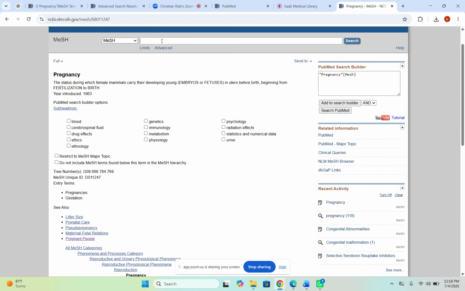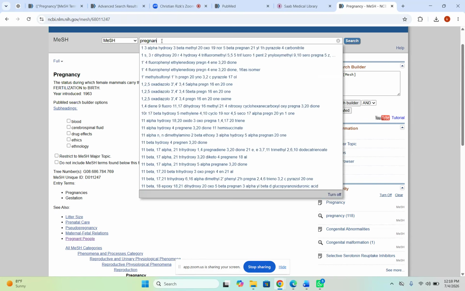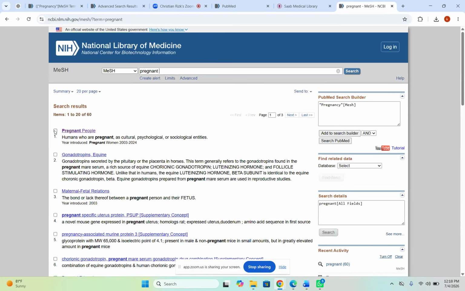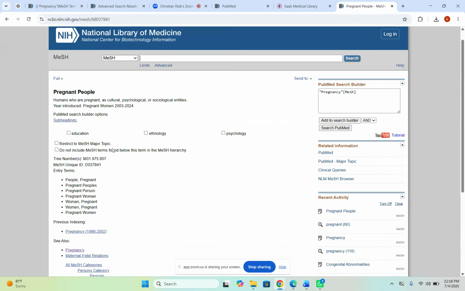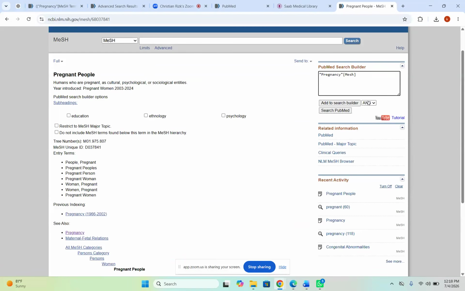We found another MeSH term, Pregnant People, so we added it as well, with OR. So we have two MeSH terms, and we also searched for the keywords of the MeSH terms.